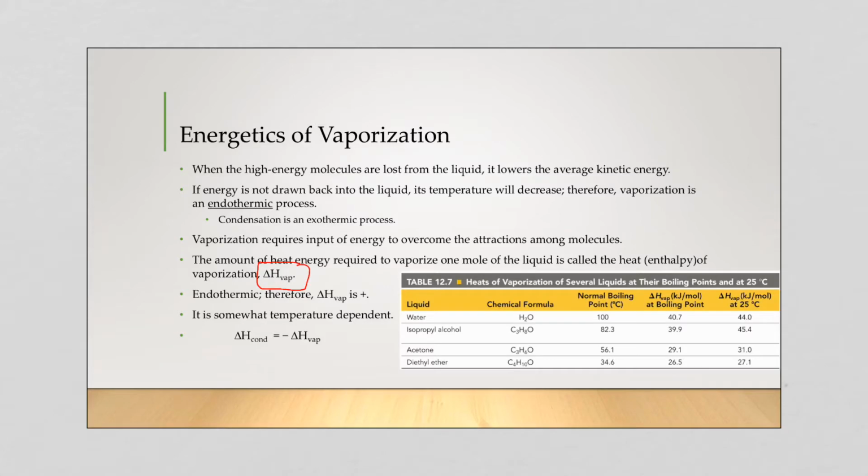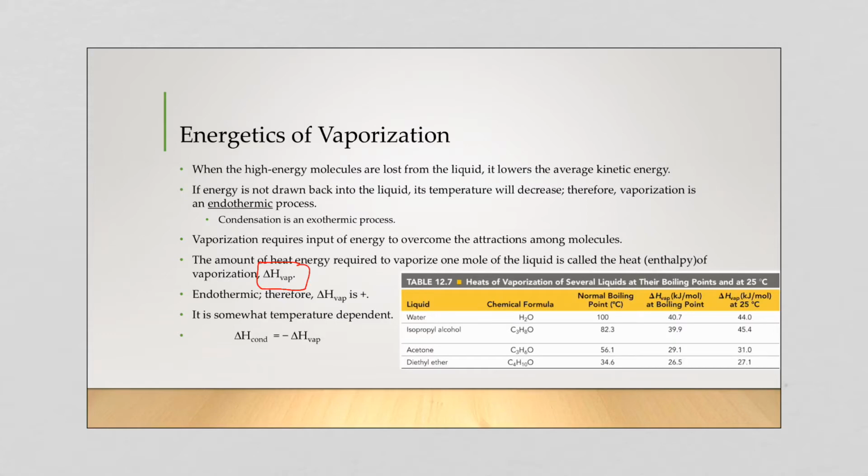Now, we can see for all these molecules there's not a whole lot of difference. Note all of these are polar molecules. They don't differ a whole lot in vaporization enthalpy, but the boiling points are quite different.